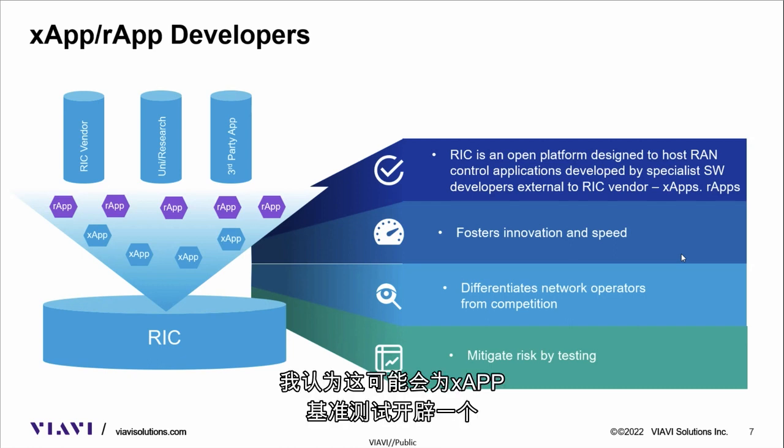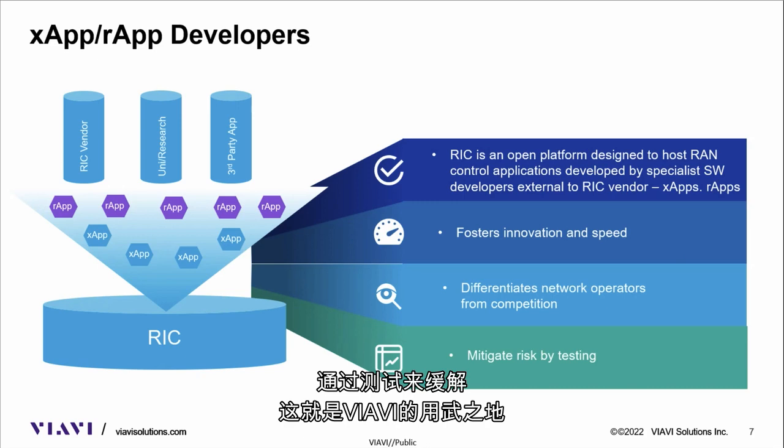And this will potentially open up a new type of integration lab, I think, for XApp benchmarking, where XApp vendors will look for some kind of certification or badge to show that they've outperformed their competition. And as with any network element, the unknown and the risks can be mitigated against by testing, which is where Viavi come in.